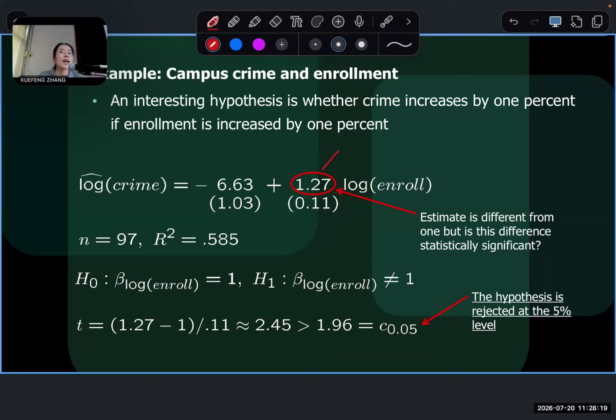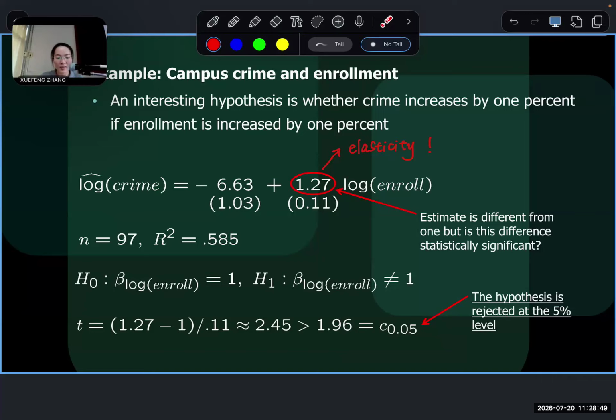You should be able to interpret, okay? Which means a 1% increase in enrollment is associated with about a 1.27% increase in crime, right? Because we got positive here. So they have the same direction, positive relationship.